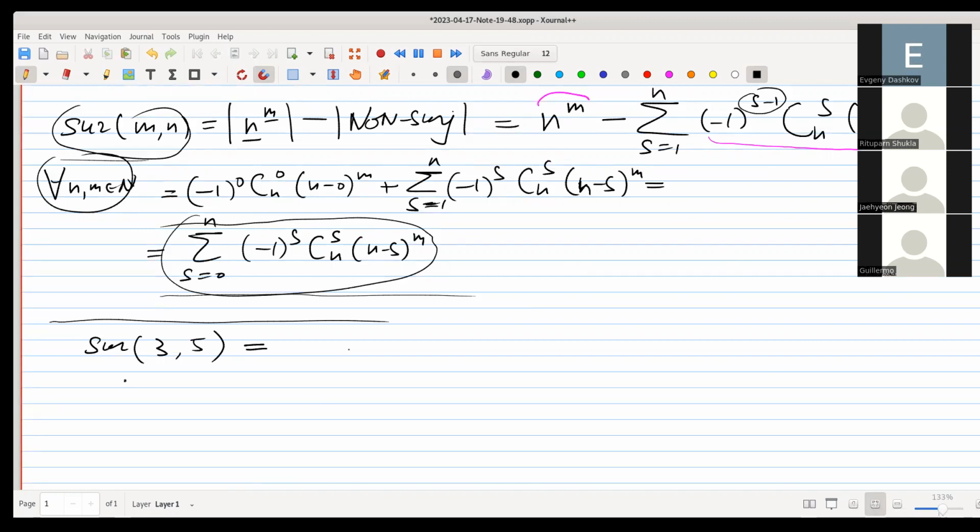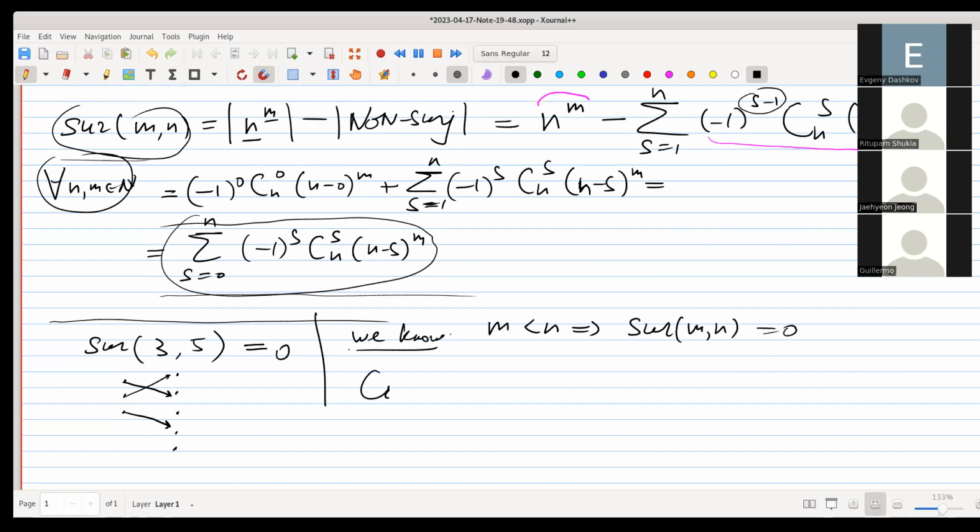How many surjections do we have from 3 elements to 5 elements? 0. It is not possible to make such a surjection. And in general, we proved that if m is less than n, then the number of surjections from m to n is 0.